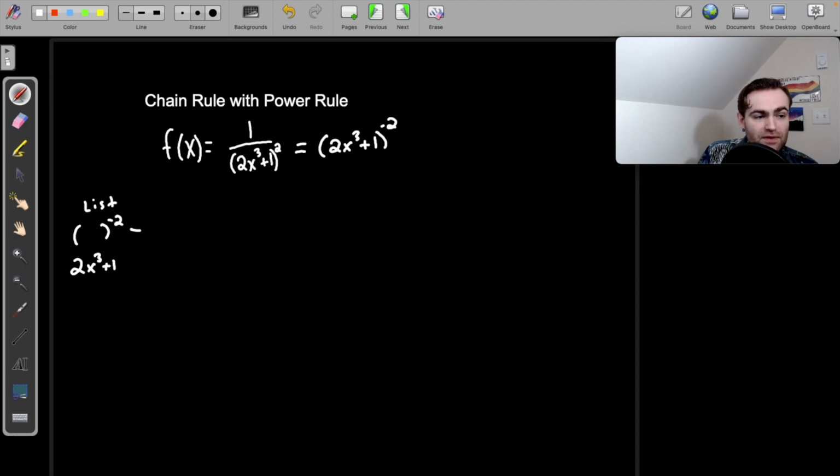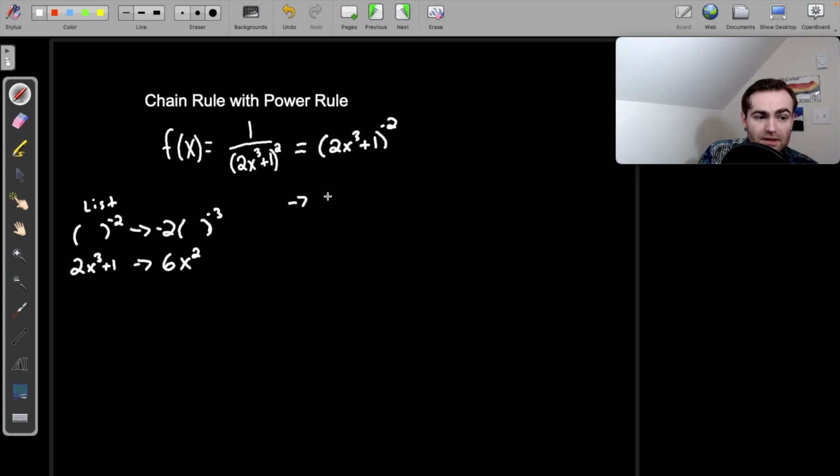So the derivative of something raised to the negative 2 power would be negative 2 times whatever that is to the negative 3 power, right? And the derivative of this polynomial right here would be 6x squared.